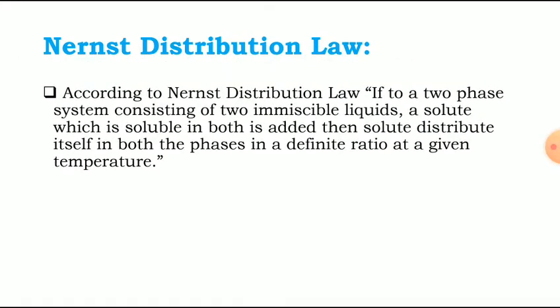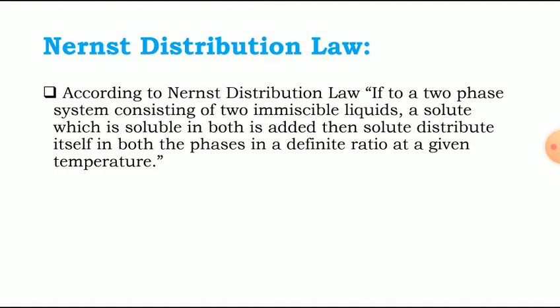According to the Nernst distribution law, if to a two-phase system consisting of two immiscible liquids a solute which is soluble in both is added, then the solute distributes itself in both the phases in a definite ratio at a given temperature.